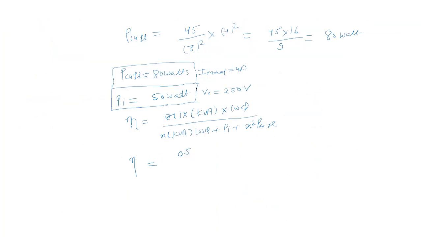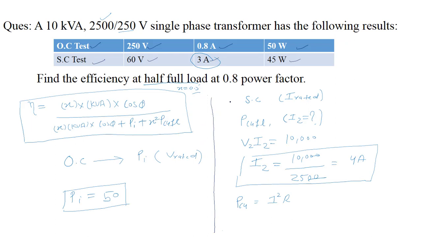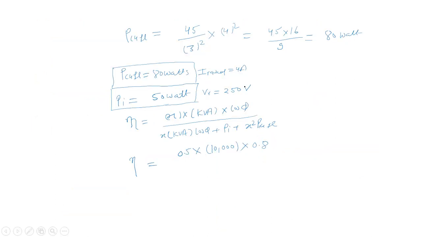Directly you can pick the value 0.5 into kVA, let's put it in volt ampere, that is 10,000, into cos phi, that is the power factor, which is already given in the question as 0.8. So it is 0.5 into 10,000 into 0.8 upon 0.5 into 10,000 into 0.8 plus P iron, which is nothing but 50 watt, plus 0.5 square into 80.